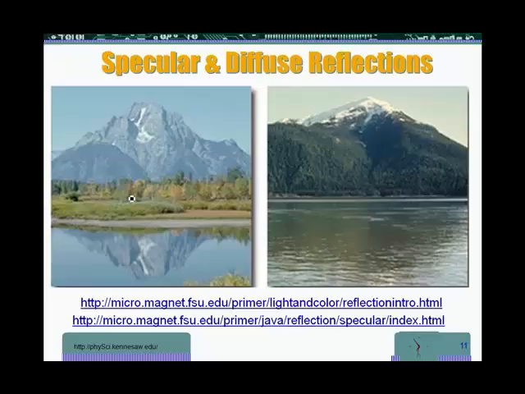Now what happens is light reflected off the mountain is going to be reflected off the surface of the water, and that's the way we are going to see it or capture it on the camera.